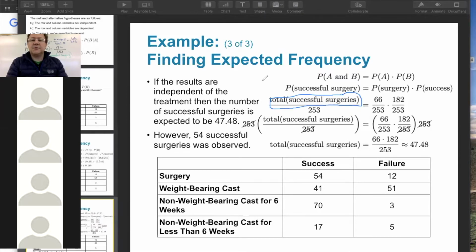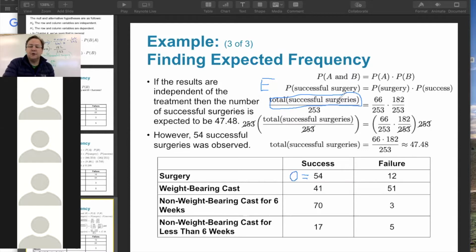If you recall a few moments ago, I was making a distinction between the observed frequency and the expected frequency. Right here, we observed 54 successful surgeries. But under the assumption that the treatment is independent of the results, or the results are independent of the treatment, maybe that's a better way of saying it, what would be the expected number of successful surgeries?